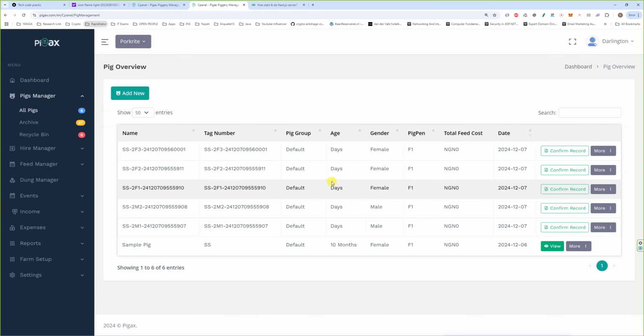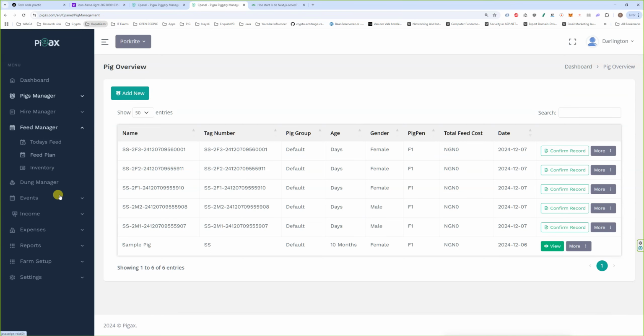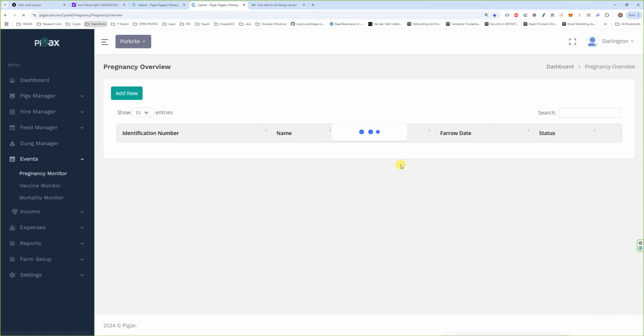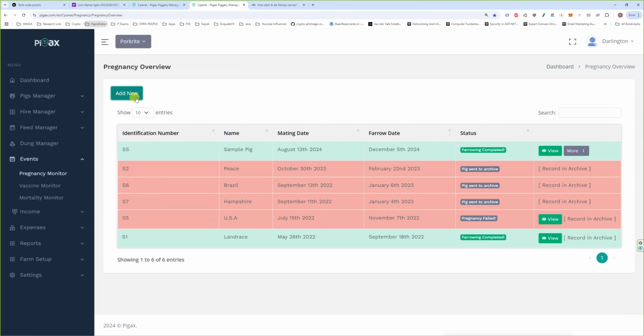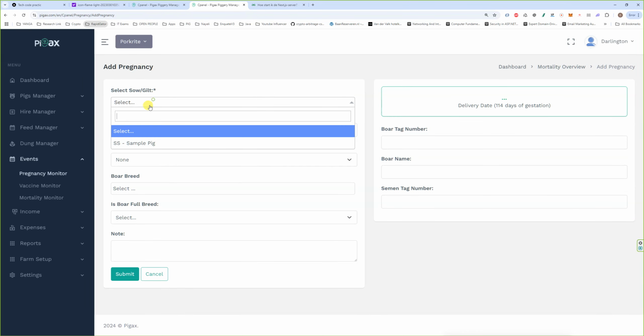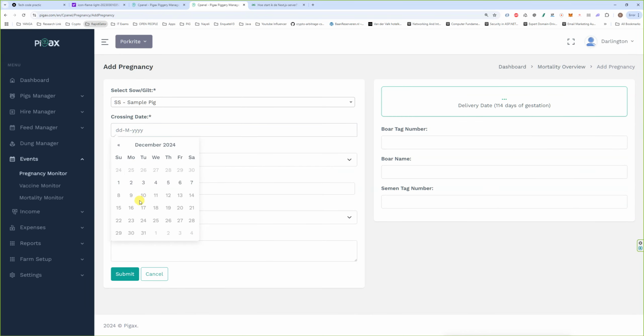So let's go back to the event, and I'm going to create a new one. I'm going to click on add new and select that sow. I'm going to say it was pregnant on the 6th. I'm going to put in just random data, and it's supposed to give birth in November.